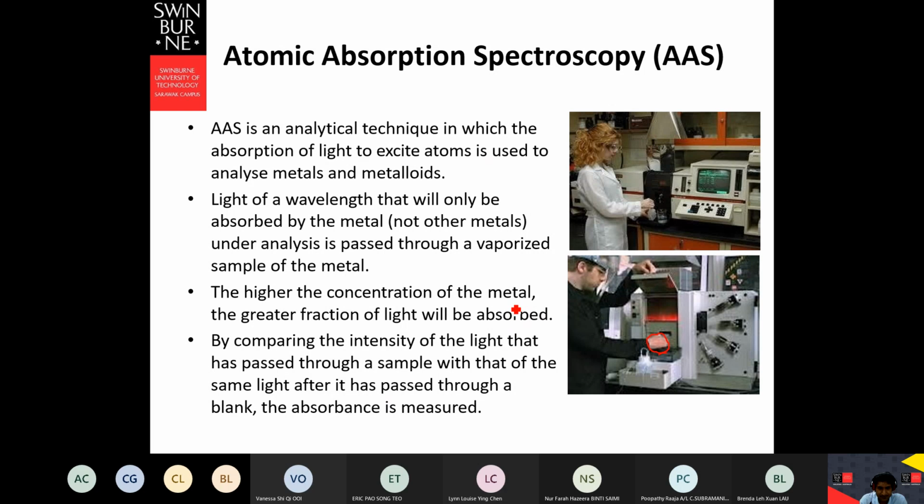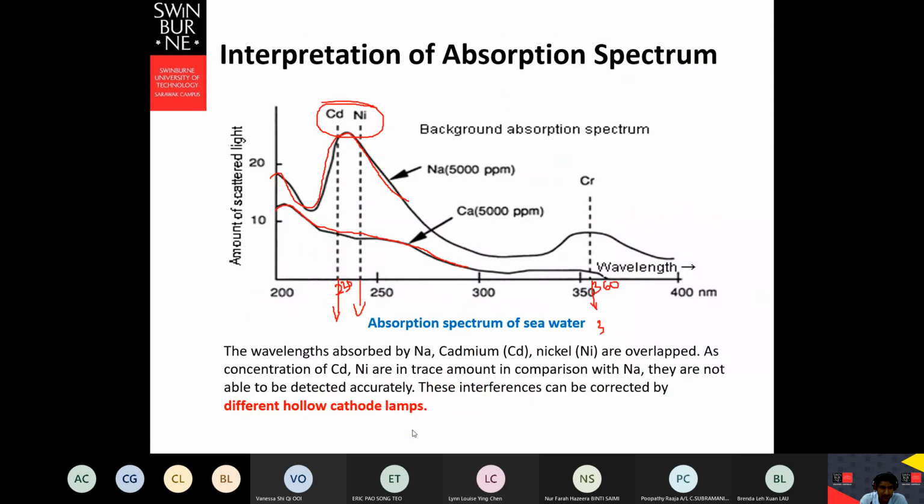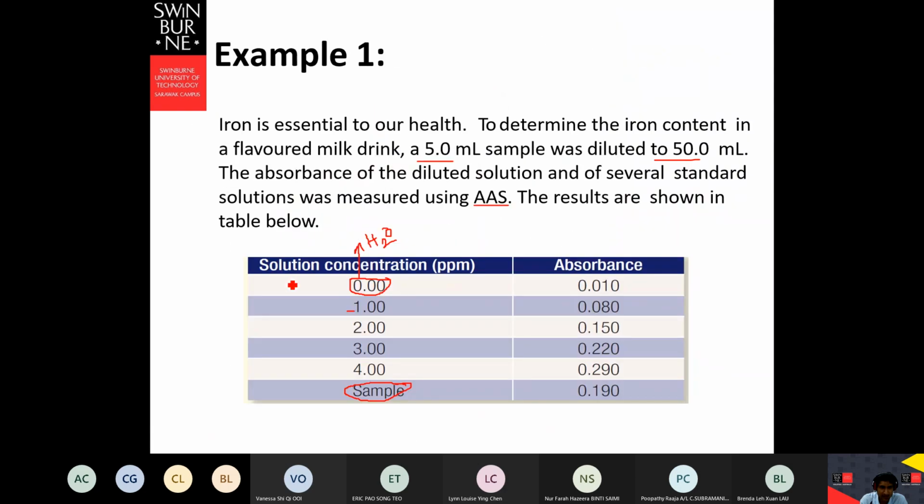And then I took the absorbance. After that, I put one sample, standard sample 1, and then I got the absorbance. Then I put sample 2 and got the absorbance, then 3, 4. So like this. And sample 1 means 1 ppm, that I prepared by myself.